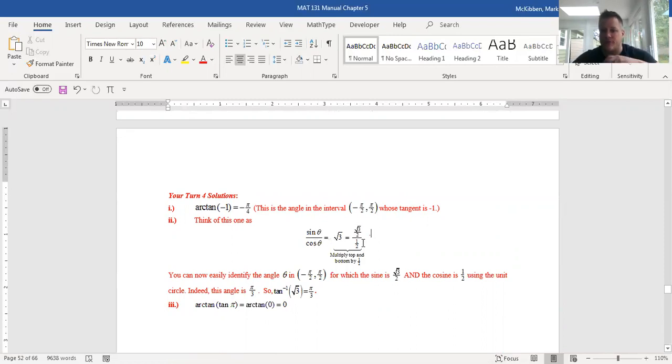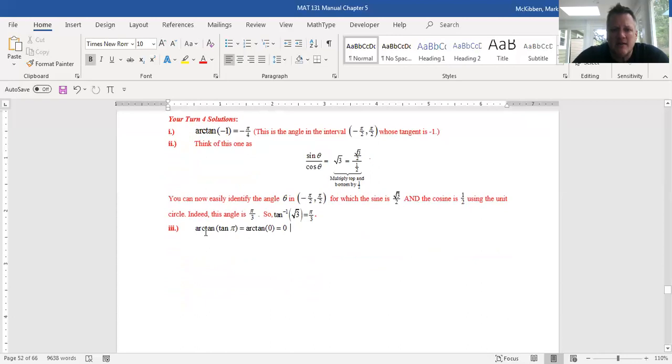That angle is pi over 3. So I did this so that I would actually recognize what that angle is. Right, so it turns out that since that's true, the tan inverse of root 3 is in fact pi over 3.